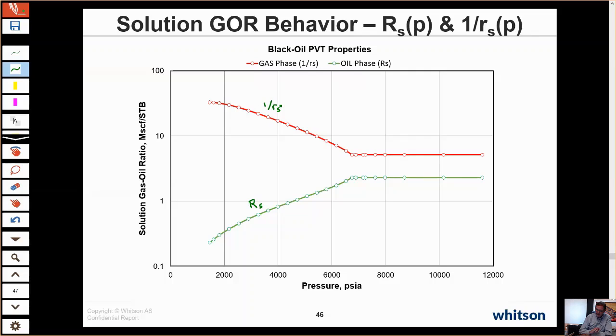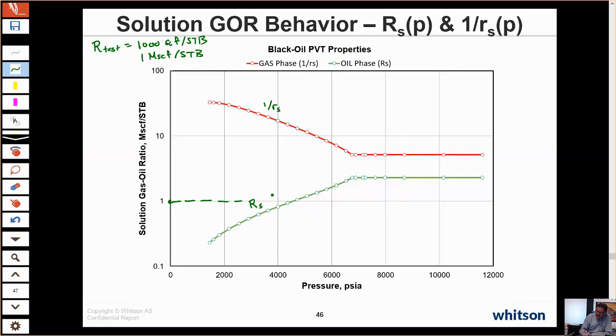Now, if we say that we just have a discovery here, and we've got our discovery on test, 1,000 standard cubic feet per stock tank barrel. Okay, that's 1 MSCF per stock tank barrel, which is the unit here. That's right here. So we go into this curve.